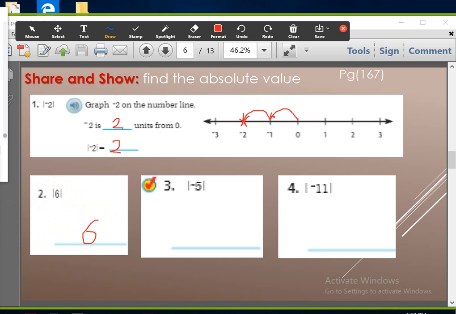The same number. The absolute value of a positive number is the same number. Now, Jana Muhammad, what is the absolute value of negative 5? It's 5. Very good. Thank you so much. The absolute value of a negative number is the same number in positive.